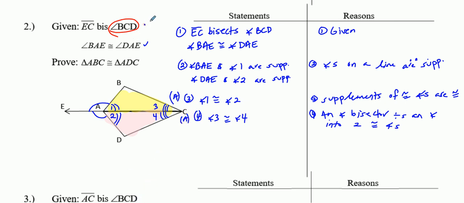Now I'm out of given information. Turning to my picture, I notice that these 2 triangles share side AC. So I'll use the reflexive property for that included side.